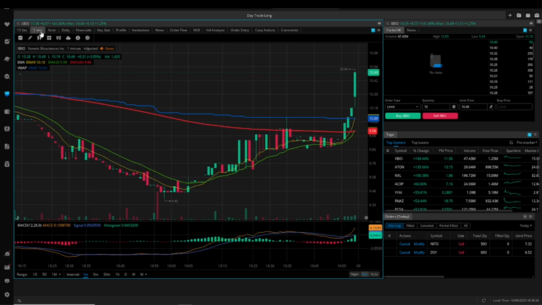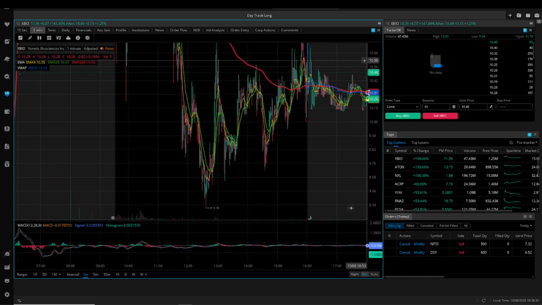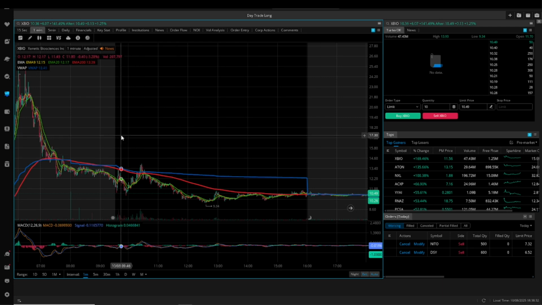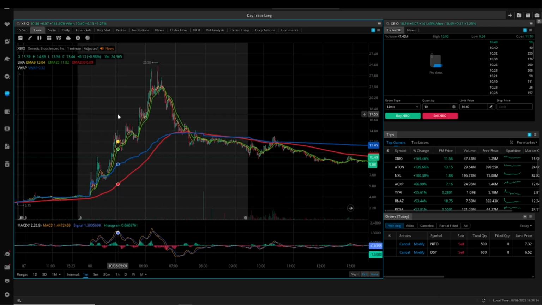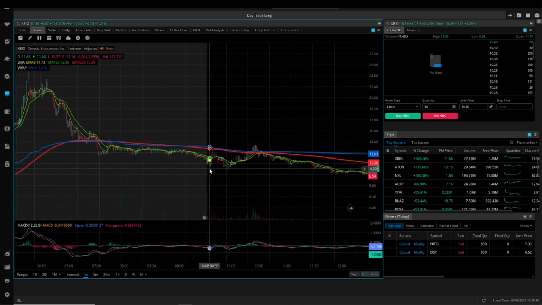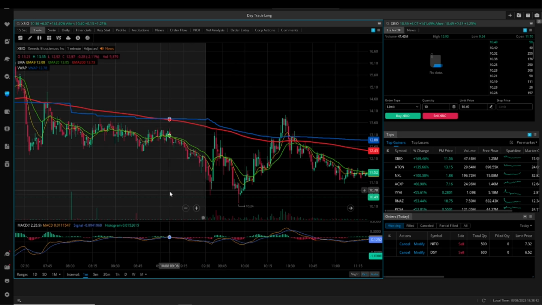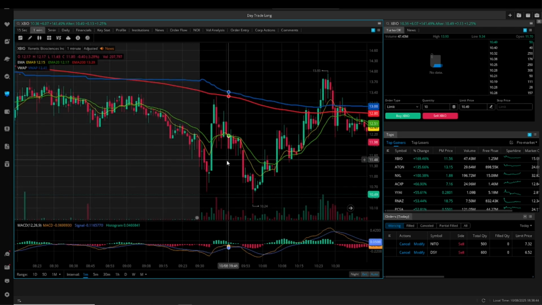So let me go to the 1 minute chart. I started trading this right after the starting bell. So I bought the stock at 9:32.